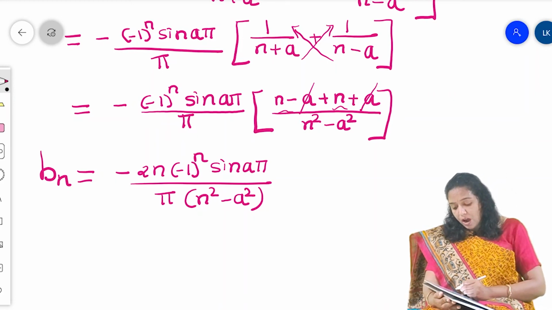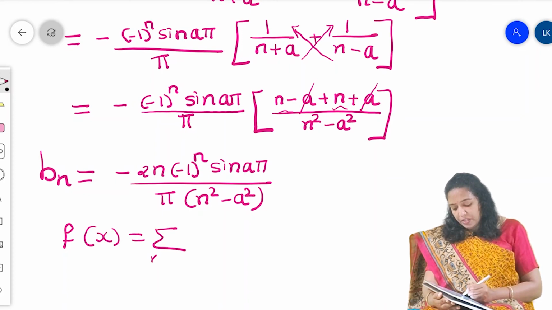Hence, the half-range Fourier series f(x) is summation n is equal to 1 to infinity Bn sin nx.